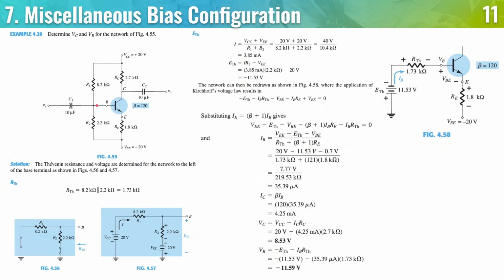So negative 11.53 minus the voltage drop across the Thevenin resistance is equal to VB, which is right here.